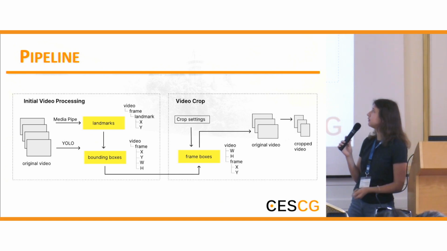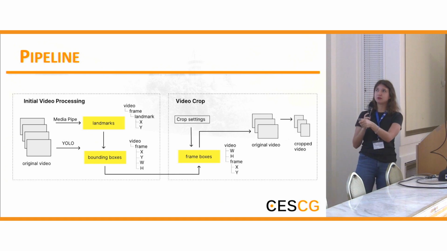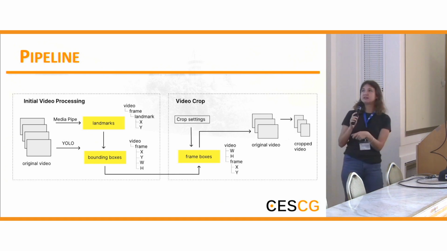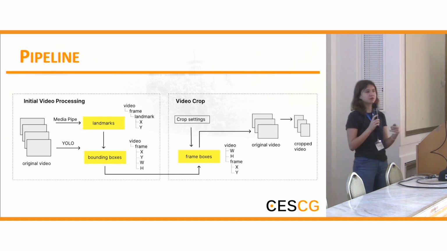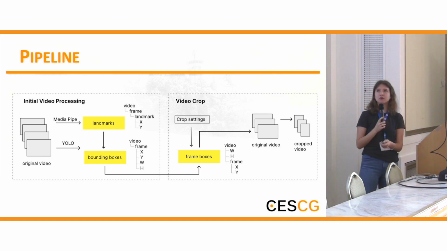I will talk about them later. And then the user can set up some crop settings and experiment with them. The crop of the video is almost immediate, because it's just going through frames and cropping them. So it's not using ML at this point. So, in detail, how the pipeline works.